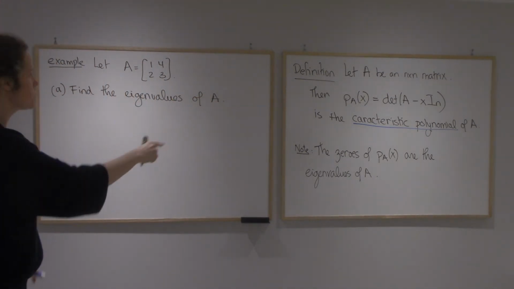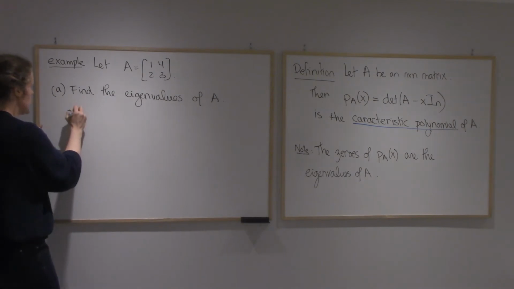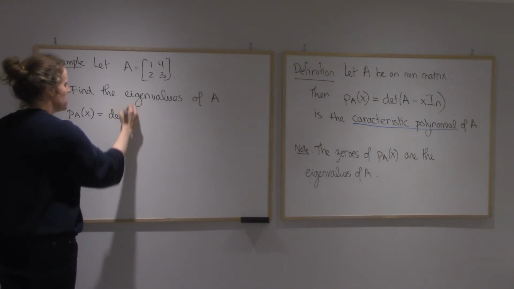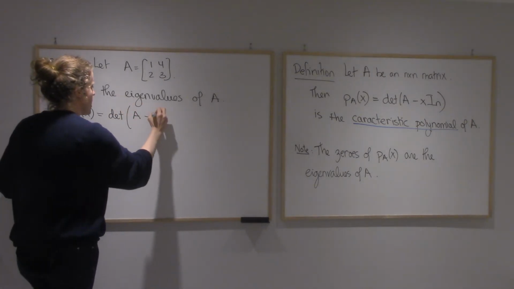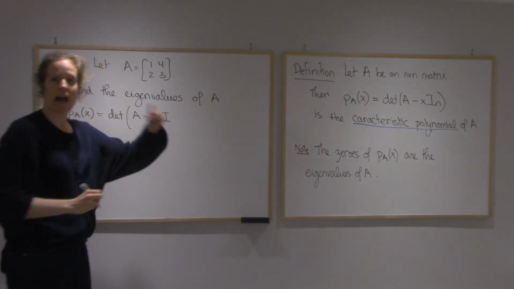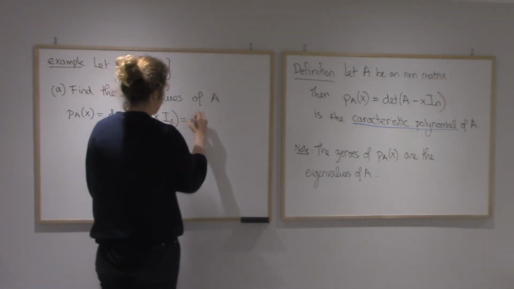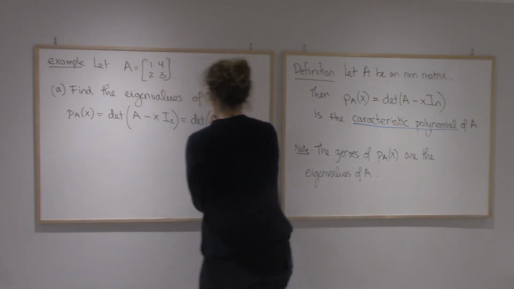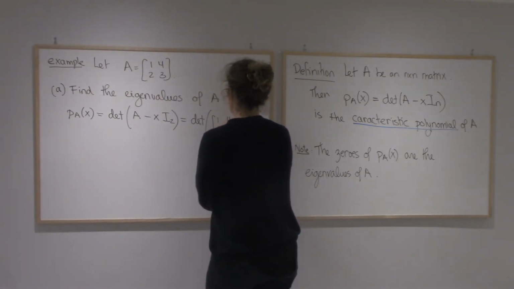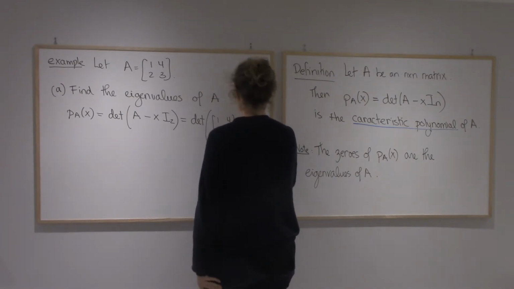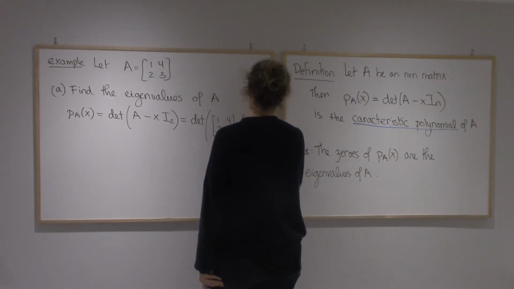I need the characteristic polynomial, so P_A(x) is the determinant of A minus xI. We have a 2 by 2, so I_2. So that's going to be the determinant of 1, 4, 2, 3 minus x, 0, 0, x.